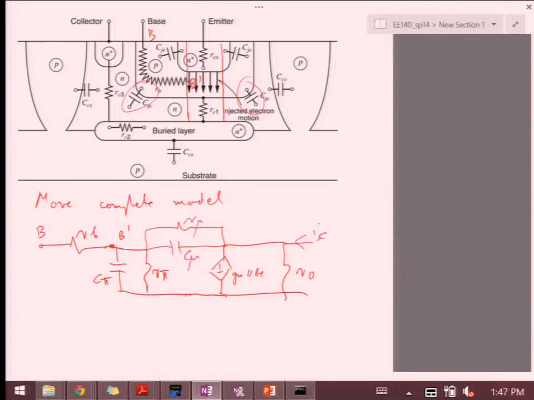In the forward active region, what is that junction? Reverse bias, right. So when things are changing in the circuit, meaning when I'm changing VCE, that reverse bias value is changing. So the depletion region is fluctuating, and it contains some charge.